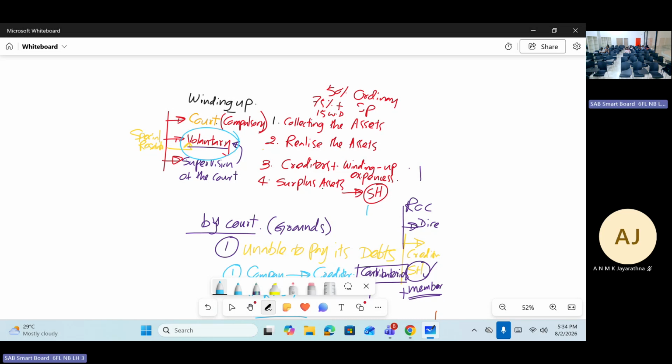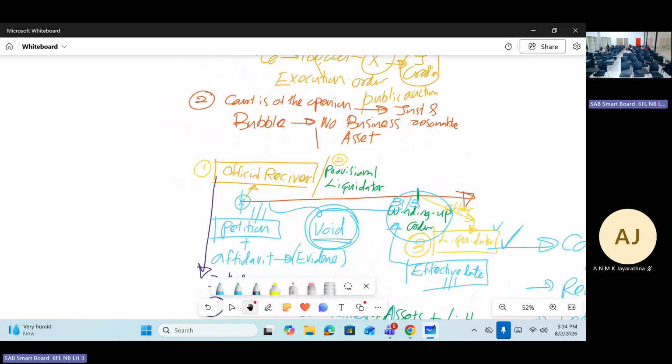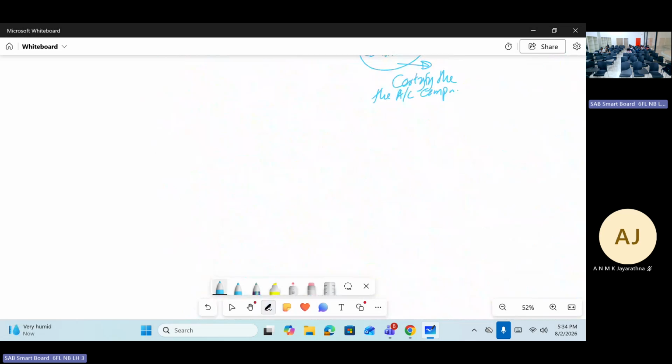Voluntary winding up we can divide into two. There are two types of voluntary winding up. One is shareholders' voluntary winding up, and the second one is creditors' voluntary winding up.